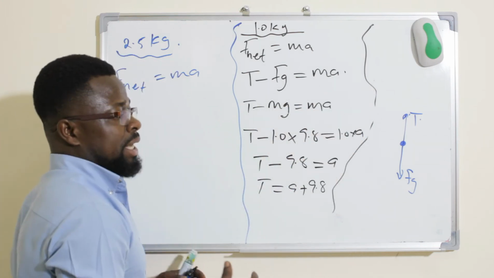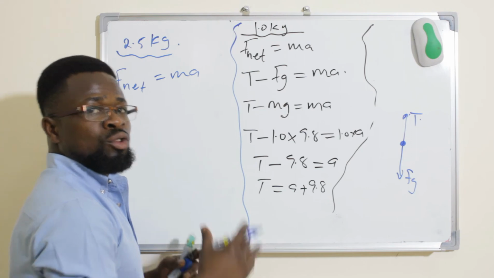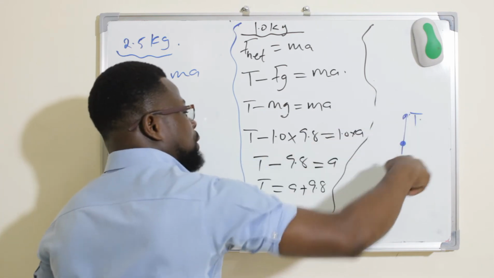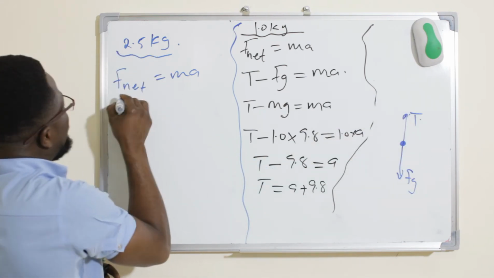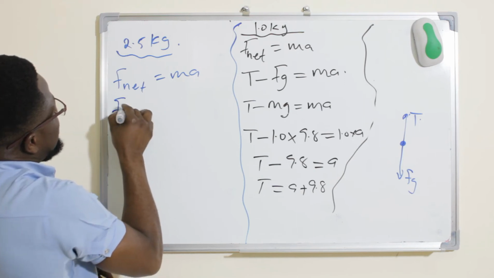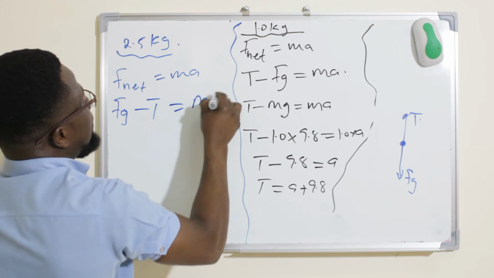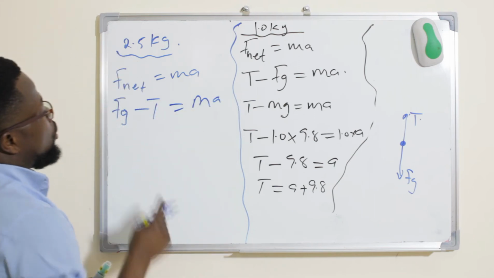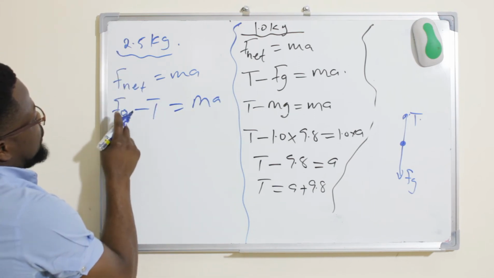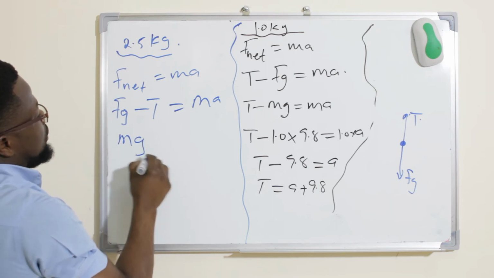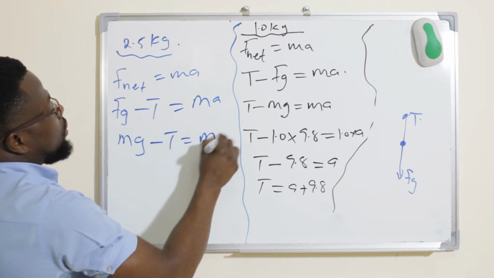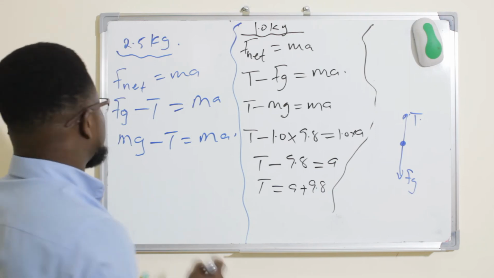I'm deciding to take the direction of motion to be positive. So the direction of motion is this. So therefore I have what? Fg minus T equals to Ma. What is Fg? It is what? Mg minus T is equals to what? Ma. And now we can do the substitution.